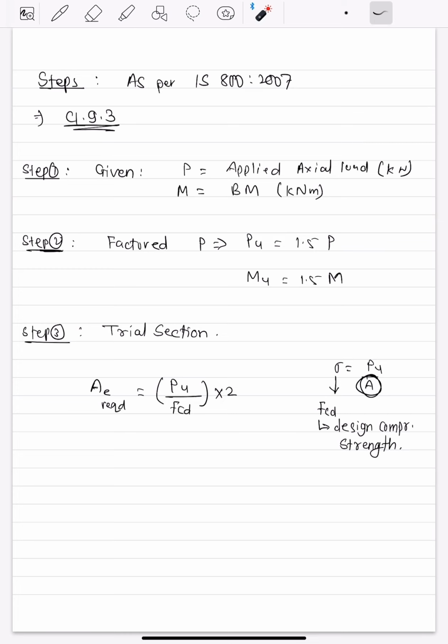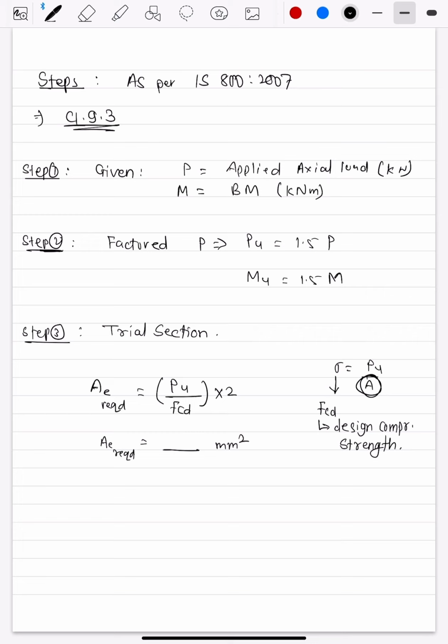So, okay, now in this step you get some required Ae in mm square. Then you go to your steel table and find a section which has somewhere around this area.